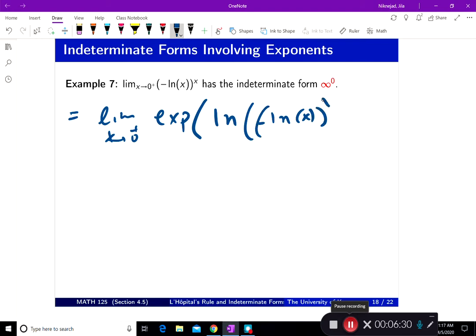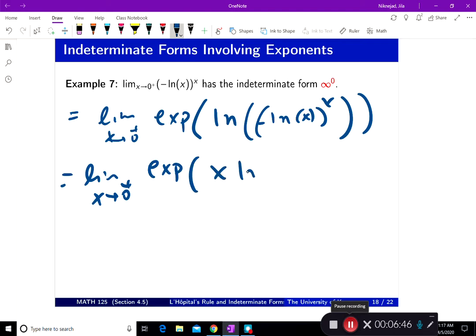By doing that, the exponent will come down. And so limit as x approaches 0 from the positive side, exponential, x comes down, natural log of negative natural log of x.